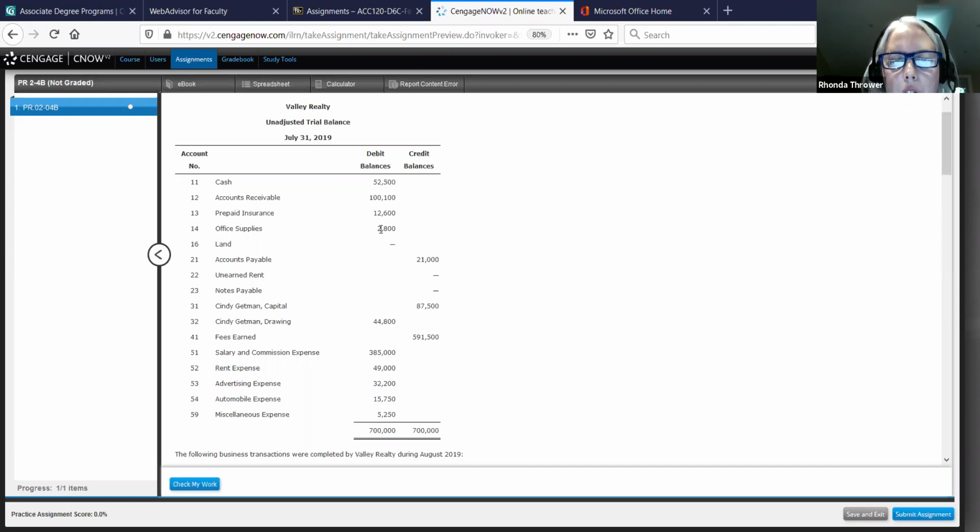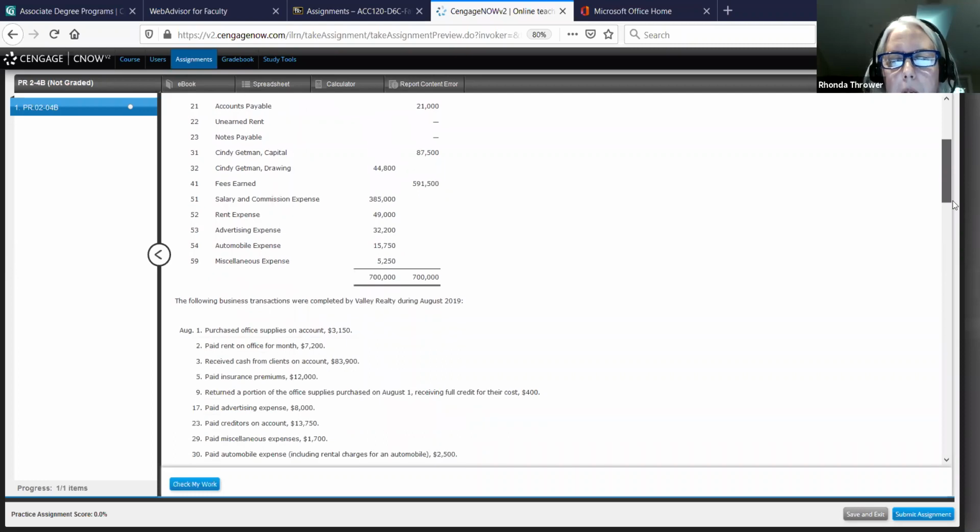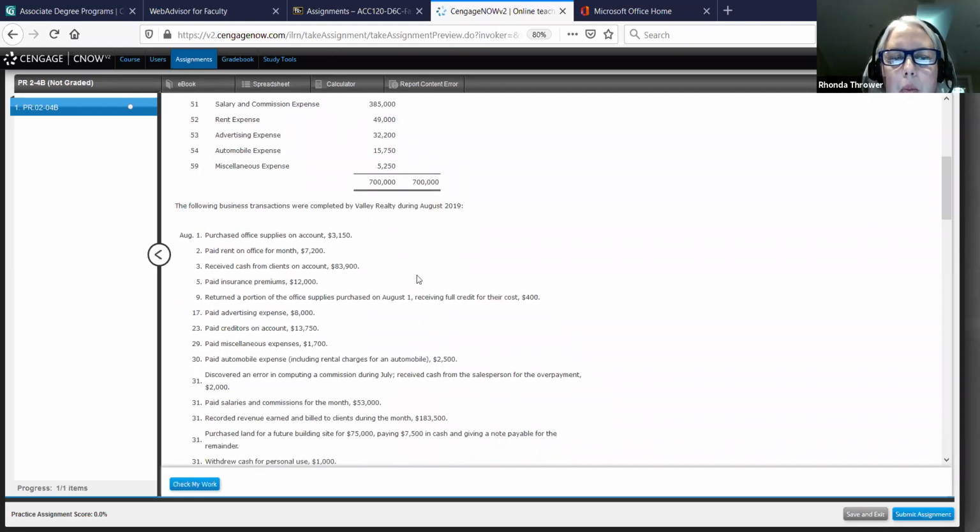The journal is the book of original entries. What we did the last time we met is we put entries into the journal first, and then we copied them into the ledger. Well, the ledger already has some information in it from last period. This information came from the last period, so we're just going to start with a brand new period for this month, which is August the 1st.